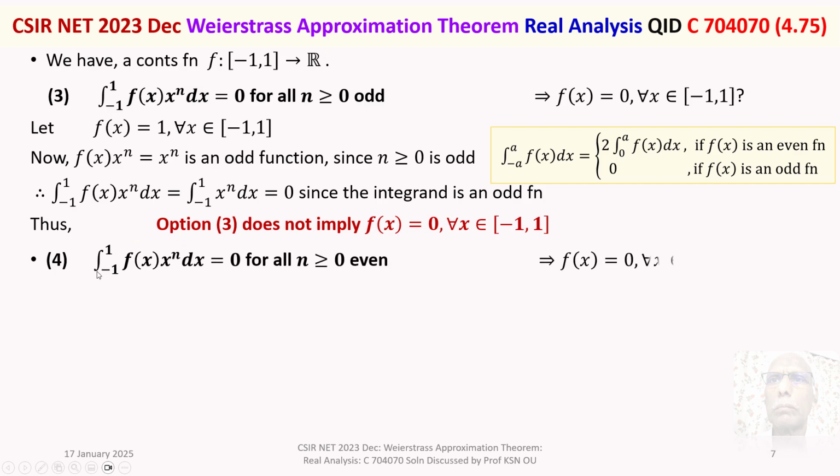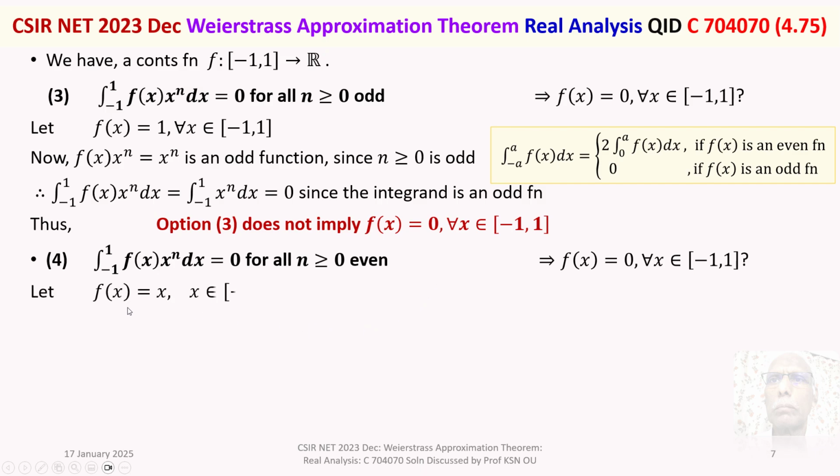Option 4, integral -1 to +1 f of x into x to the power of n dx is equal to 0 for all n greater than or equal to 0, even. Will it imply f of x is equal to 0 for all x belongs to -1 to +1? So, this is also not so.